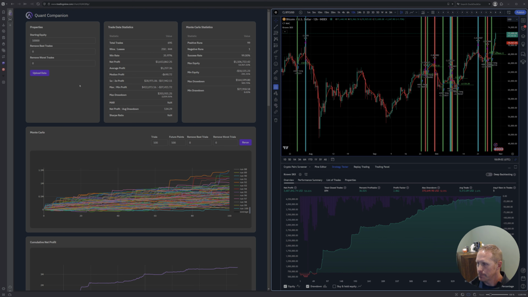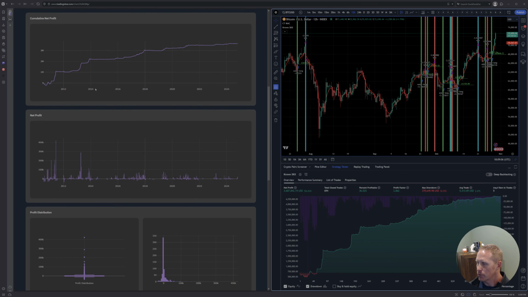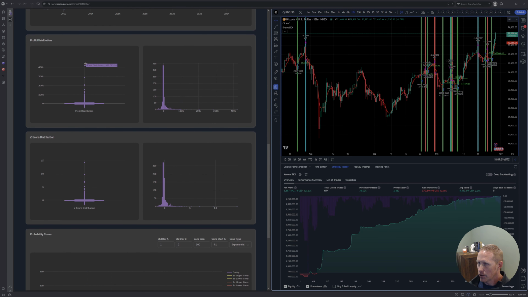If we scroll down to where the profit distribution is, you can see most of the trades are actually losers, but you have a few outliers here that are causing the strategy to remain profitable. So you can also see that on the box plot here. So yeah, you had one trade that was $422,000.